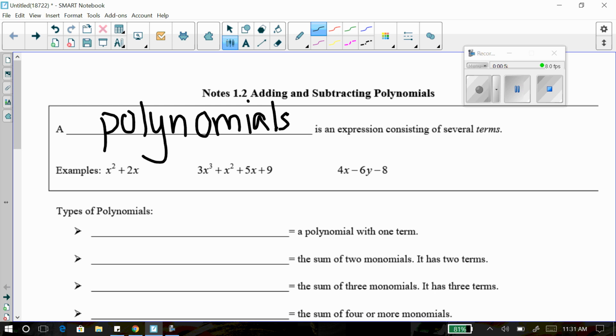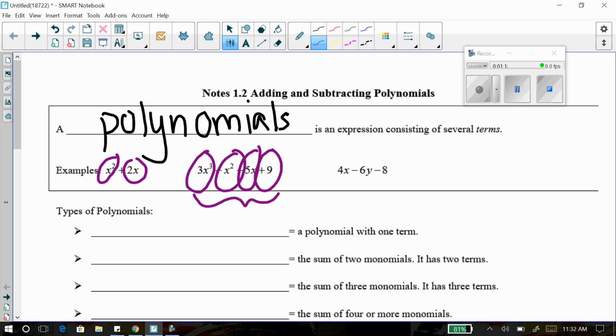So some examples we have are x squared plus 2x. Remember, terms are each piece of this. So x squared is a term, 2x is a term. 3x to the third, x squared, 5x, and 9, those are all terms. Each piece is a term. 4x, negative 6y, negative 8 are all terms.